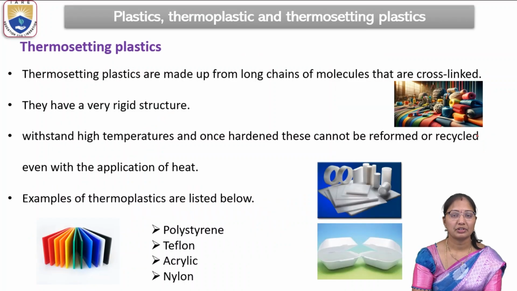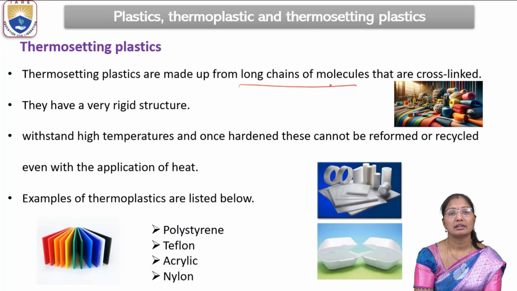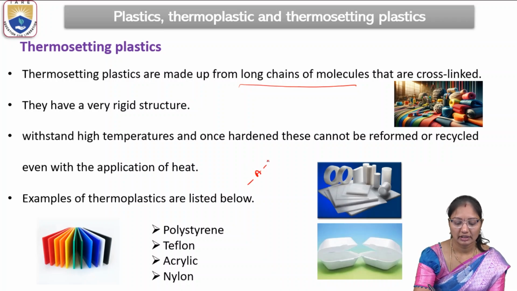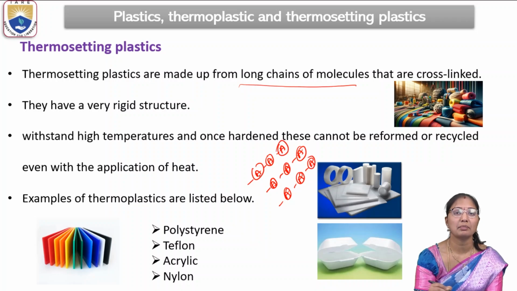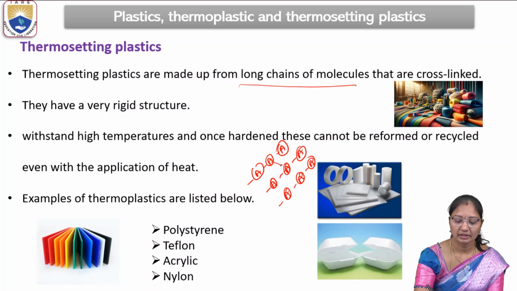Coming to the thermosetting plastics. These are made from long chains of molecules that are cross-linked. Suppose these are three linear chains of polymer, and A is the monomer unit. Especially in thermosetting plastics, there will be cross-links between these polymers.